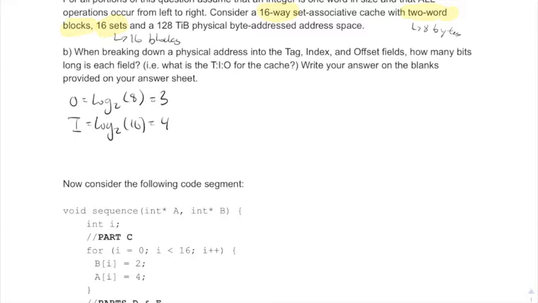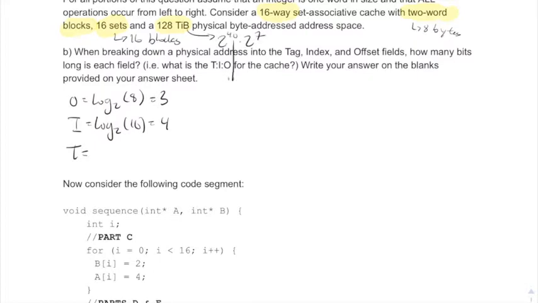Alright, now we got to figure out what a tag is. When I find a tag, we need to first figure out how many bits you need to add as the physical byte address space, and then subtract the I and O from it. So they give us the value here, 128 TB bytes. So 128 TB bytes is equal to 2 to the power 40 times 2 to the power 7.